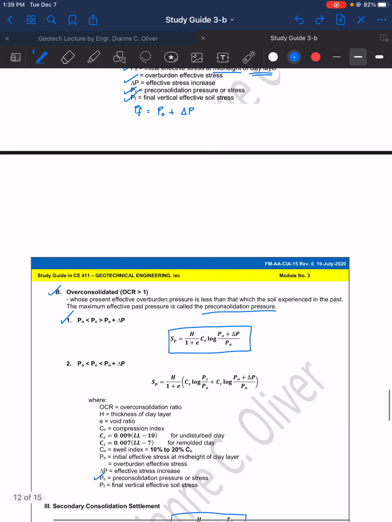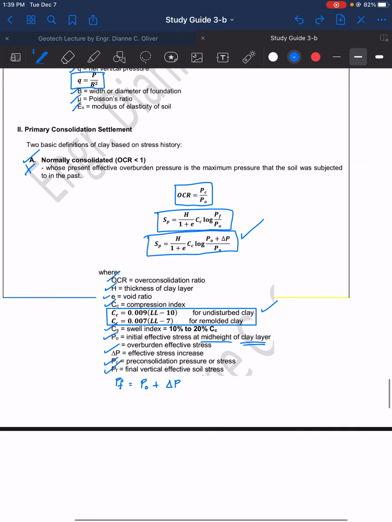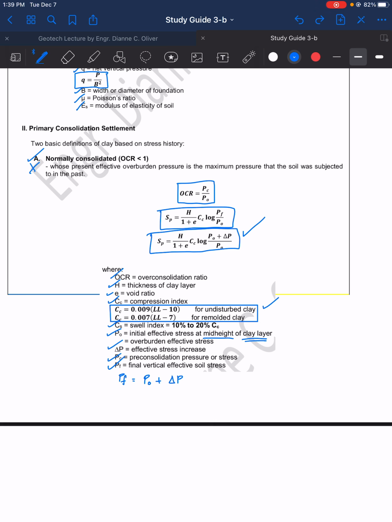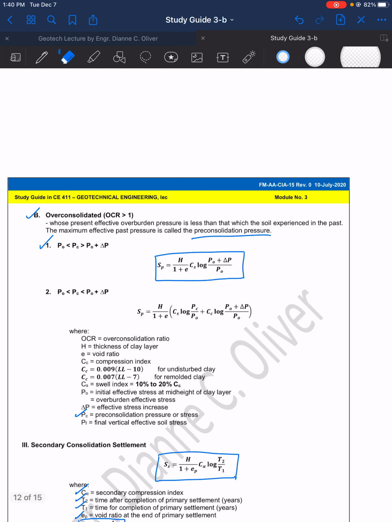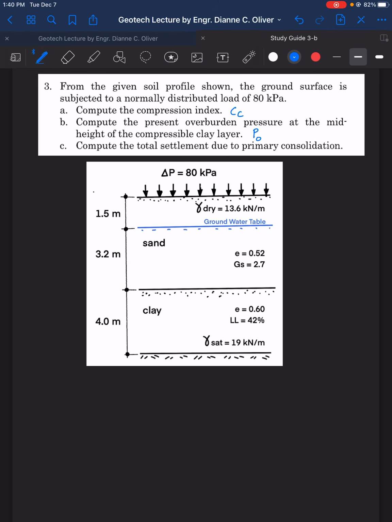Whereas if we are using normally consolidated, there is no P sub C, so 0 divided by P sub O is equal to 0, and that is less than 1. So the presence of P sub C, the pre-consolidation pressure, determines if we are to use the over-consolidated formula.